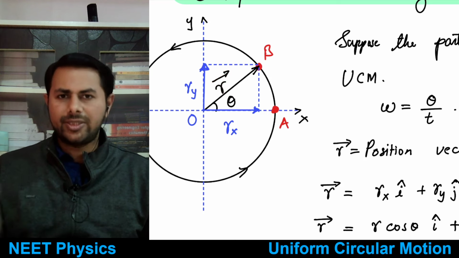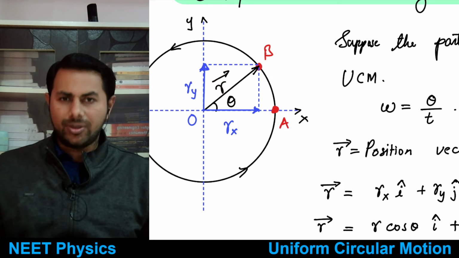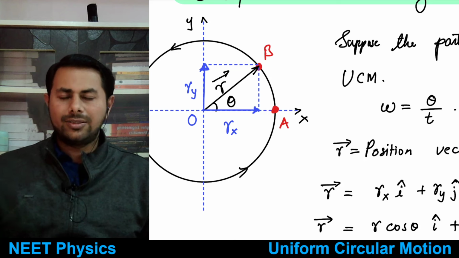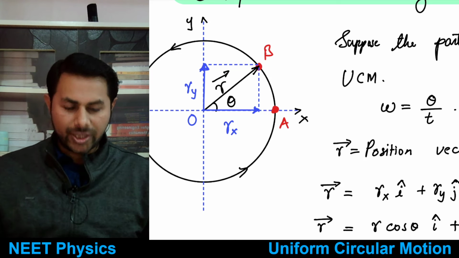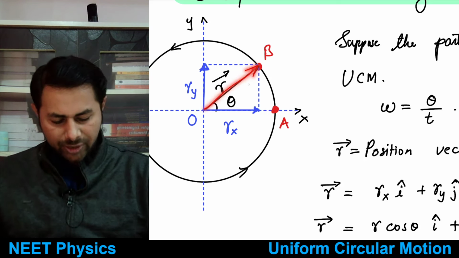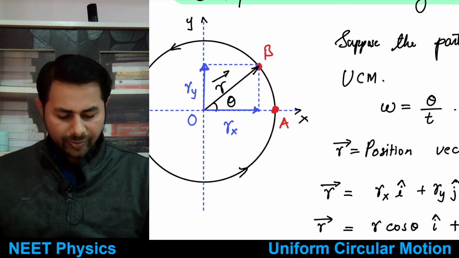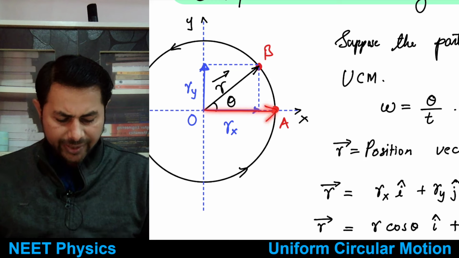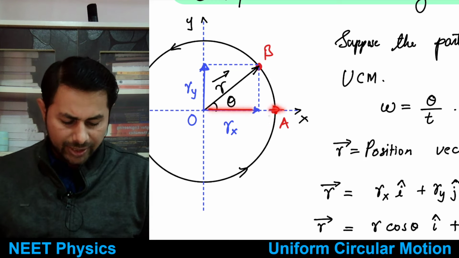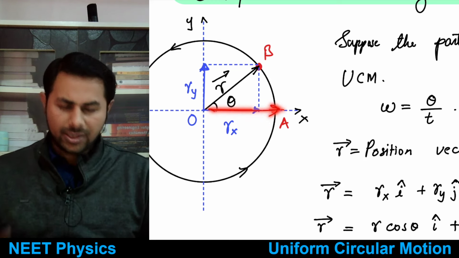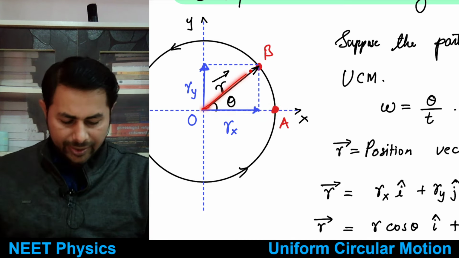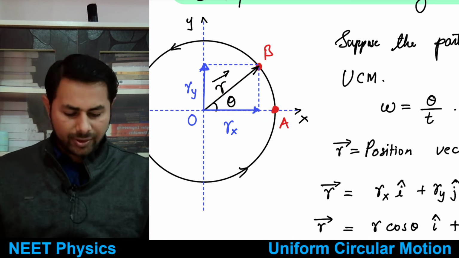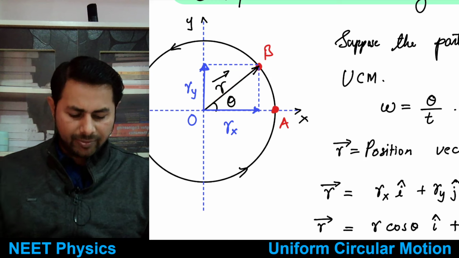That means our object is performing uniform circular motion. So this is the position vector of our object at some time t. Suppose our object started from point A, and it moves to the point B in some time t, right?